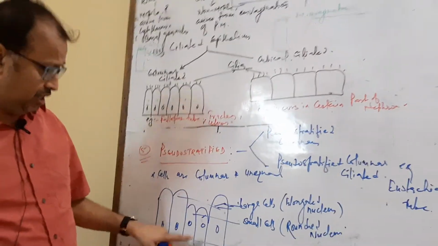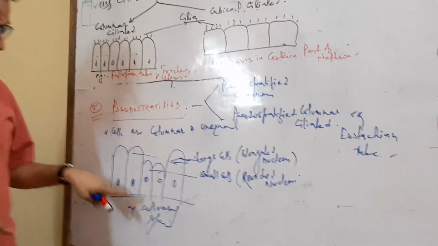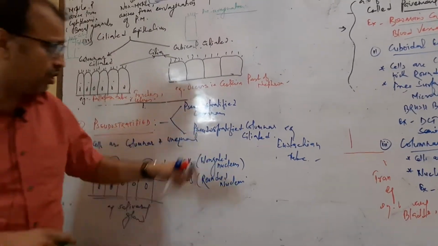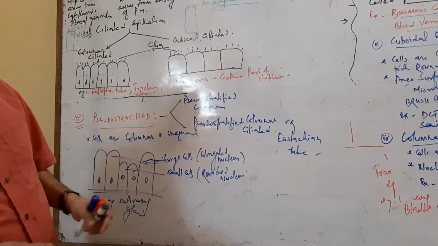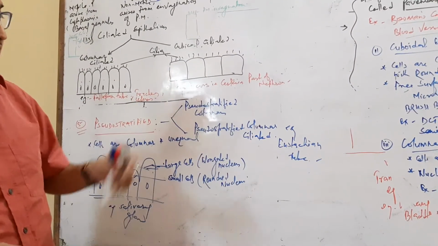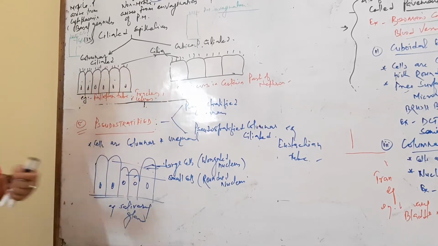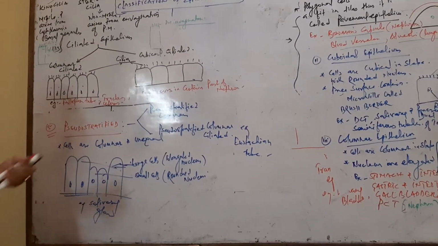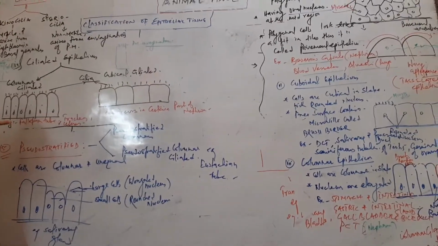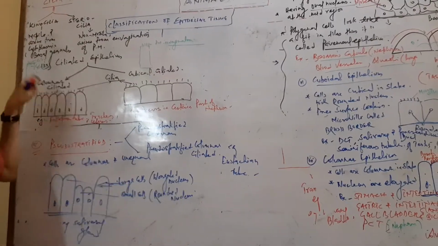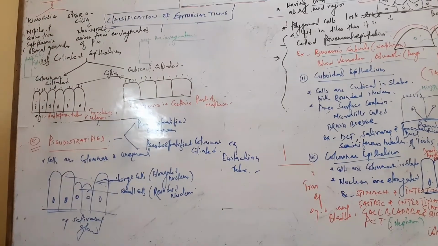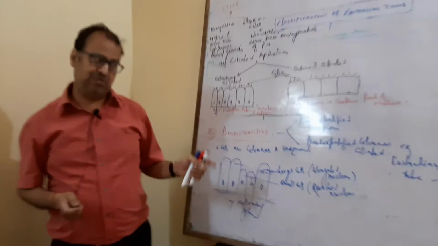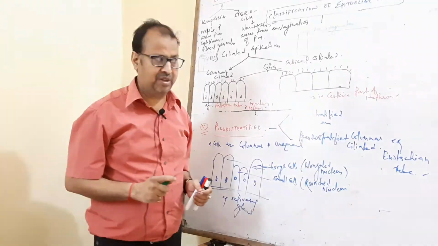Pseudostratified columnar epithelium is present in the salivary gland, and pseudostratified columnar with cilia is present in the Eustachian tube. So this is all about the various types of simple epithelial tissue: squamous, cuboidal, columnar, ciliated, and last pseudostratified. Okay, thank you.